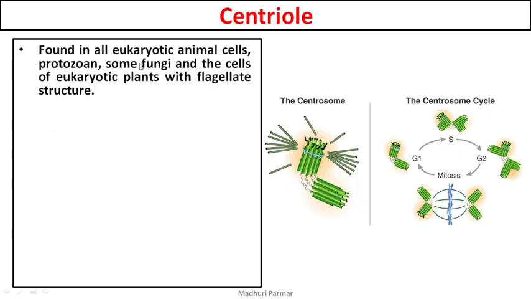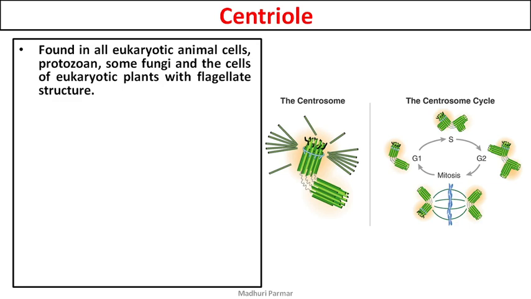Now centrioles are found in all eukaryotic animal cells. They are not present in plant cells. So the difference between animal cell and plant cell is that centrioles are absent in plant cells while they are present in eukaryotic animal cells. They are also present in protozoans, though some protozoans do not have centrioles, like amoeba.